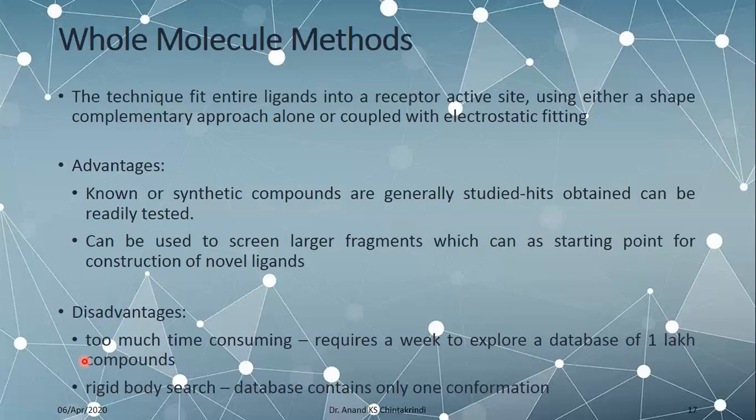That means the boat conformation will not be able to interact with the active site, although a cyclohexene ring is advised there, but since the database has stored only the boat conformation of that cyclohexene ring and not the chair conformation, you are likely to miss a possible hit.